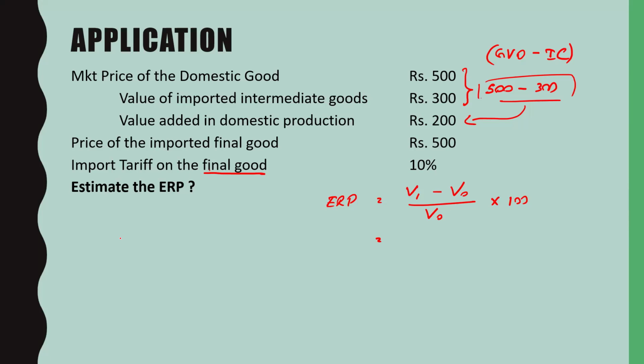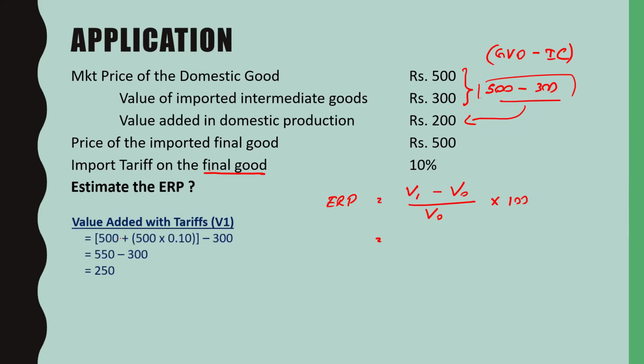If not, you can directly calculate 10% on the 500. And then calculate the new value addition. Without the tariff, the value addition is 200 rupees. Remember, domestic producers will sell at whatever price the imported product is sold. That is the catch here.